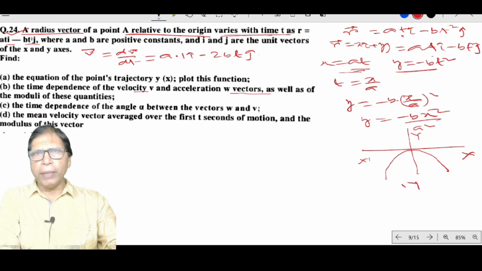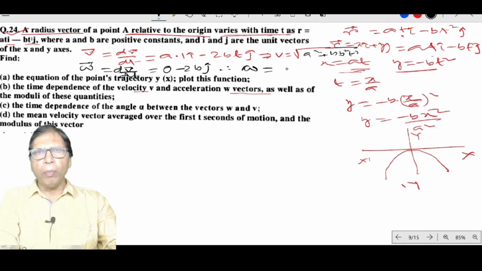The modulus of this vector is root under of a square plus 4b square t square. Okay, no problem. Now the acceleration w vector is dv vector by dt. So 0 minus 2b j cap. So the magnitude of acceleration is 2b.